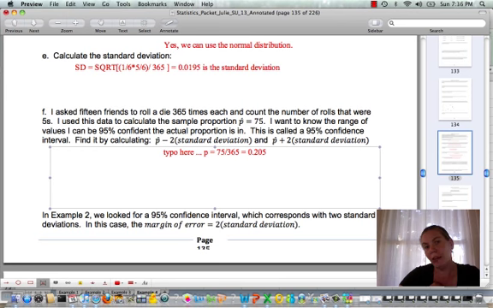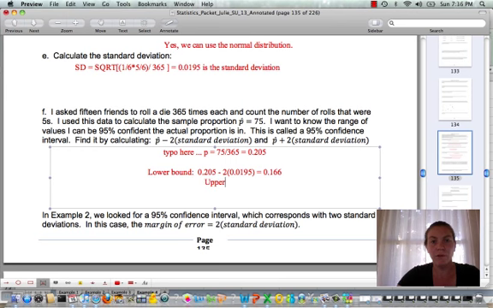So now we want to calculate this 95% confidence. So remember, 95% confidence is within 2 standard deviations. So we can calculate the lower bound by saying our p hat value, 0.205, minus 2 times the standard deviation. So our standard deviation is 0.0195. And that gives our lower bound, which is 0.166.